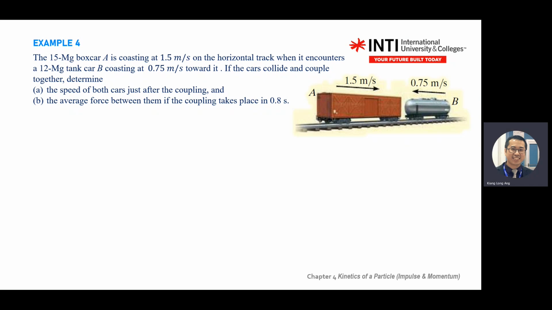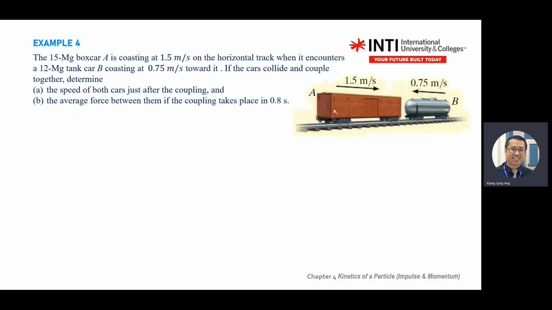Okay, if you have two objects, or three objects, it doesn't matter. The concept of conservation of momentum is that all the momentum before equals all the momentum after.